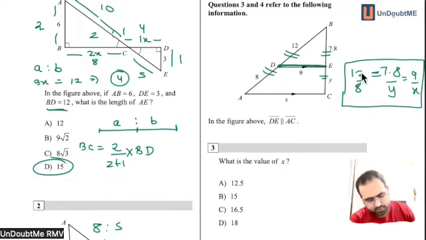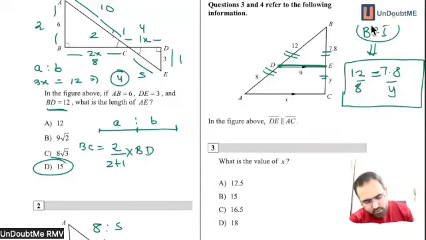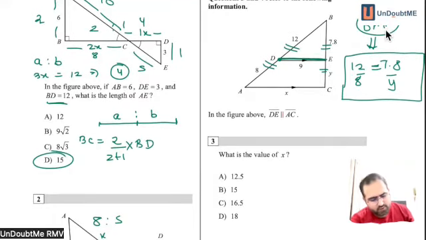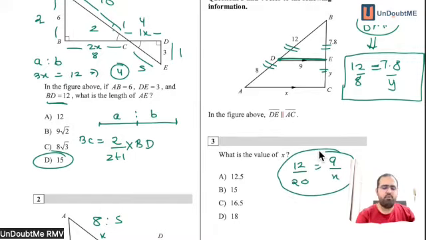Okay, wait. This is basic proportionality theorem. Then if you look at both the triangles carefully, it will be 12 over the bigger side is 20, is equal to 9 over x. From here you'll get the value of x properly.